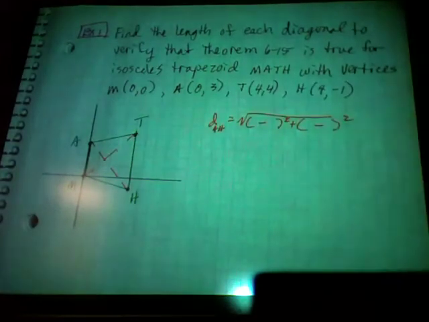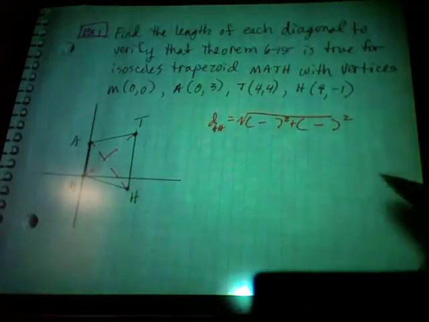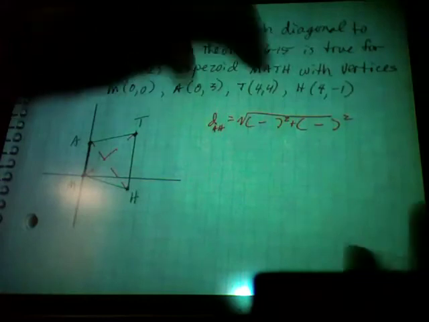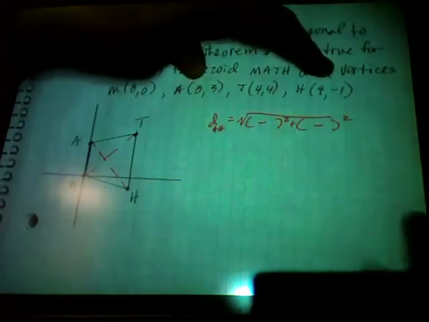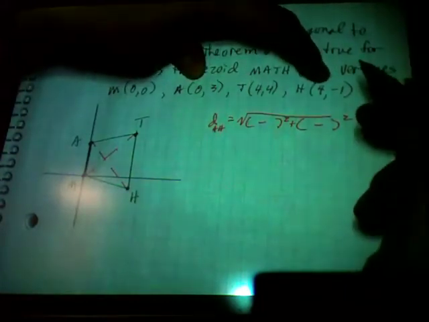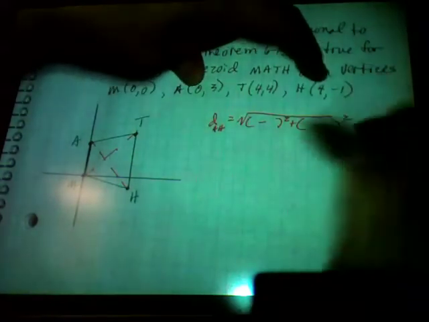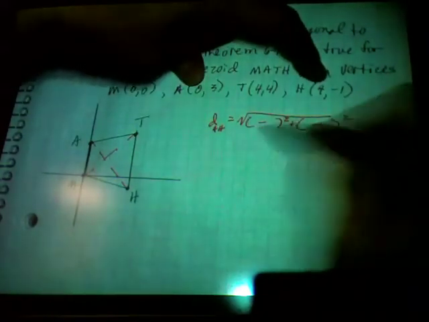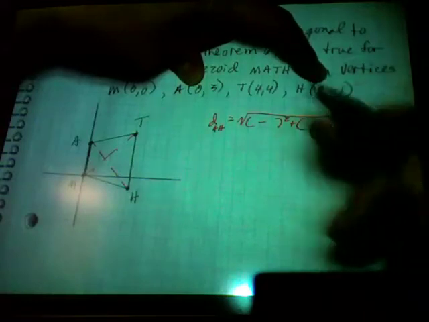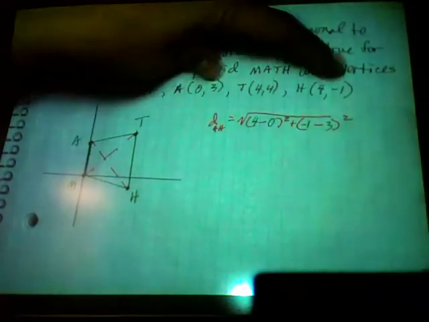There's my template, and I'm going to plug in my ordered pairs. Here's A and here's H. You can put your x's here, your y's here. It really doesn't matter which ones you put first. So I'm going to put 4 minus 0, and then -1 minus 3.